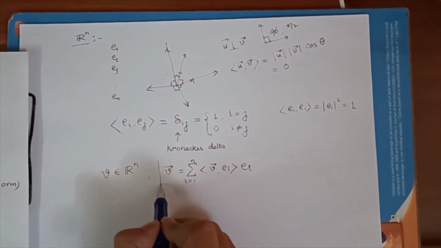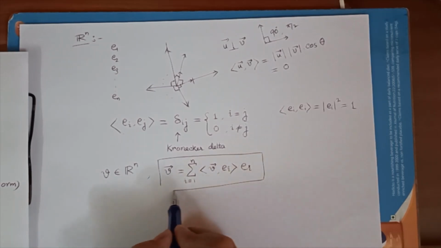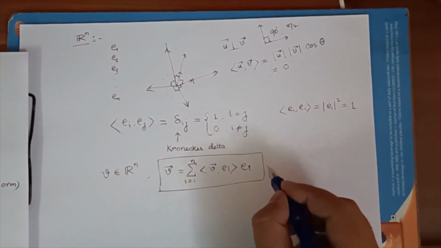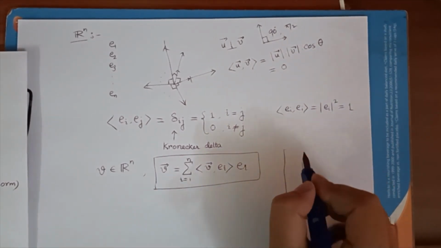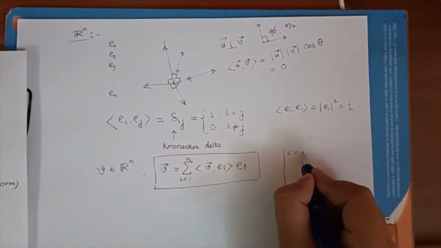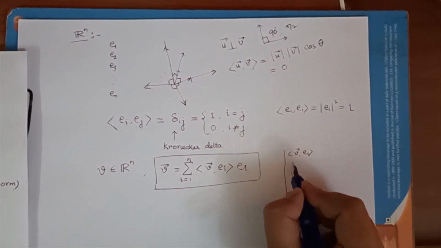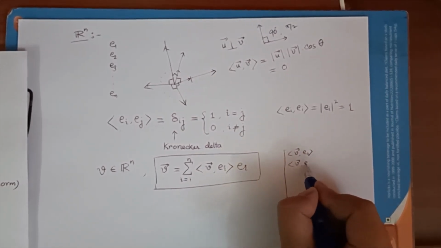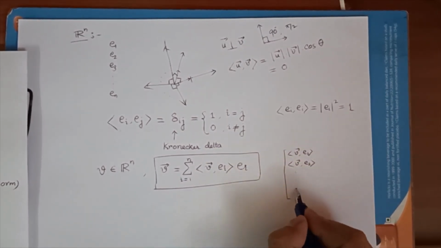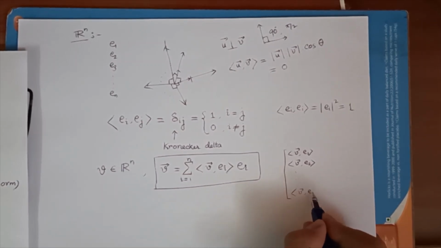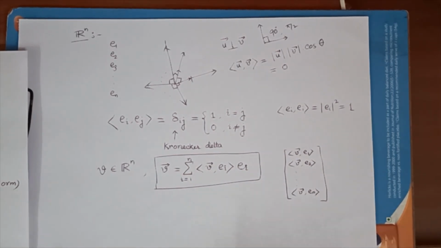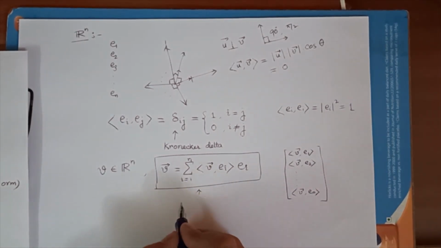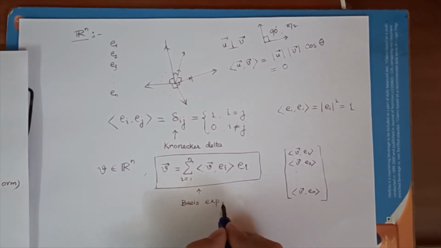You see such a compact representation of the vector, and this you can write as a column vector, where the column vector will be written as the inner products of v with E1, v with E2, up to v with En. So that will be our column vector representation, and this is the so-called expansion. This is called the basis expansion of a vector.